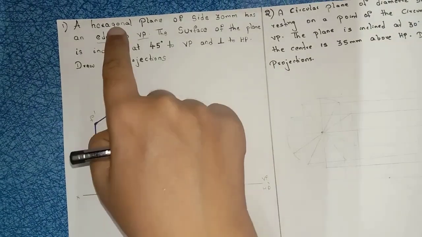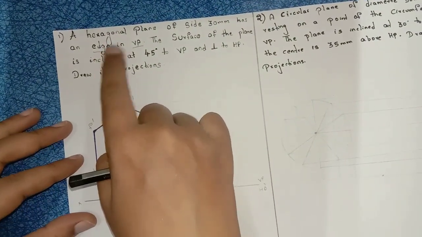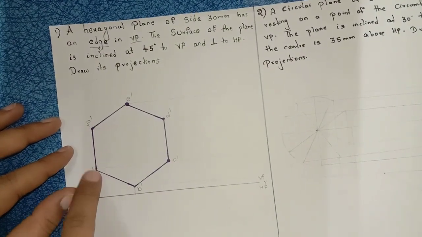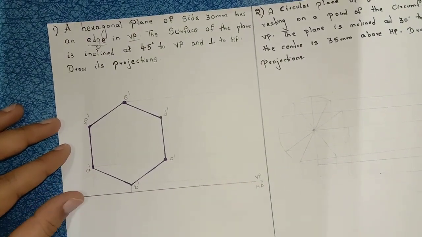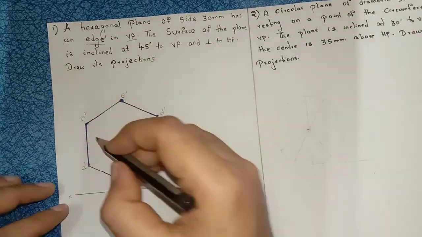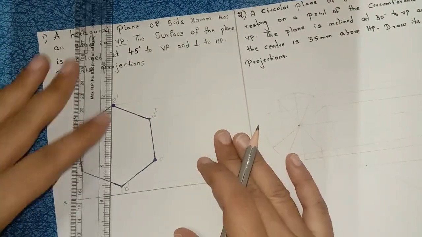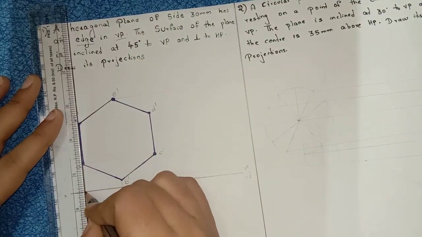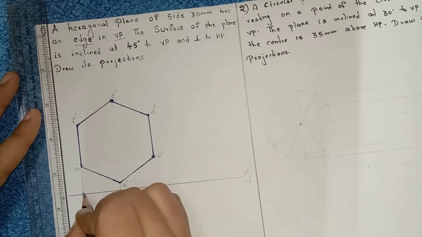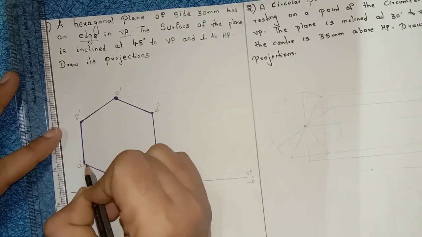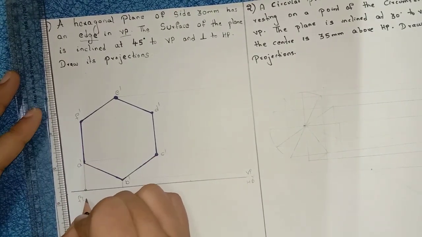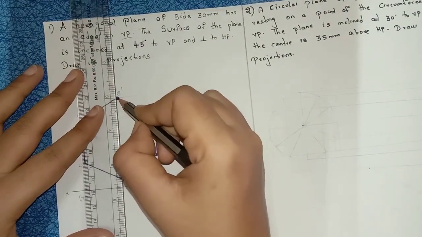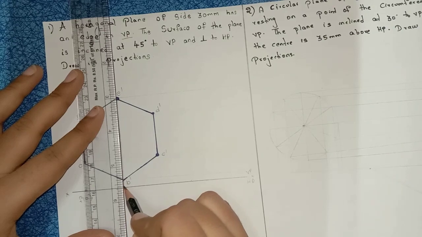Now you see, you have to construct the hexagon edge in VP. I constructed the hexagon. This is your edge in VP, right? Now after that, from every corner, from F dash and from A dash, you have to draw a line till this reference line, and mark this point as, what is the point name? F of A. Again from A dash to B dash project the line till this reference line.